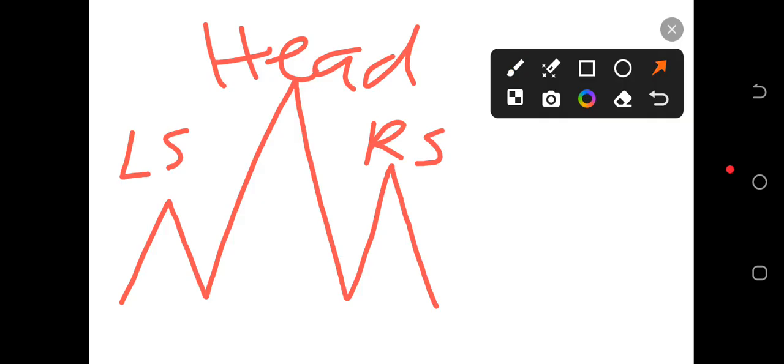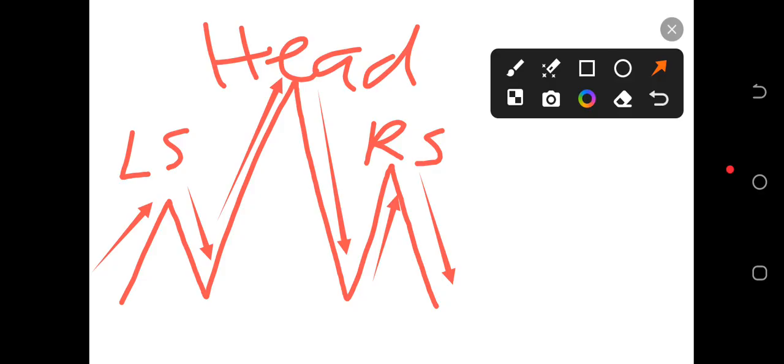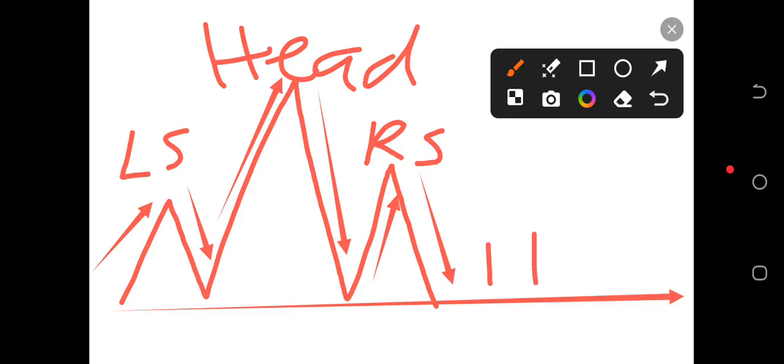In this particular pattern, buyers were going up like this, and then sellers entered and pushed down like this. Then buyers entered and went up, and then sellers entered again. Now this particular area here is what we call the neckline.